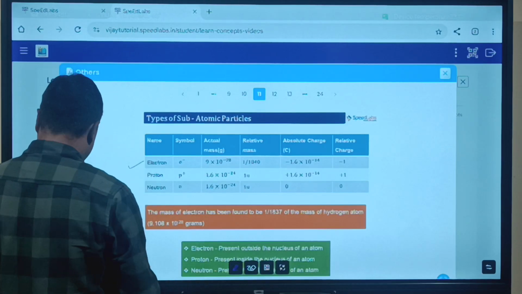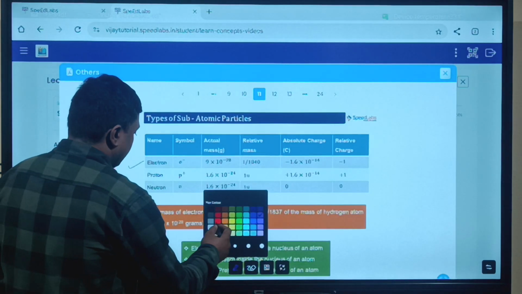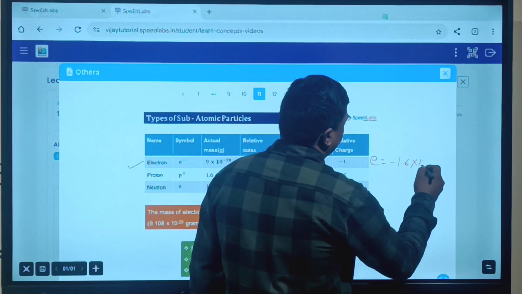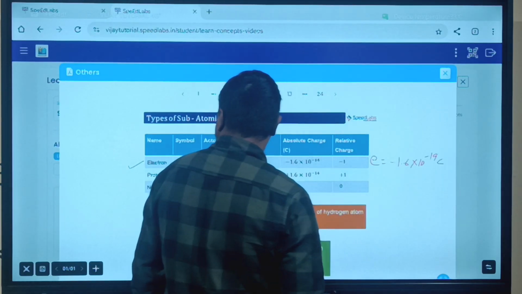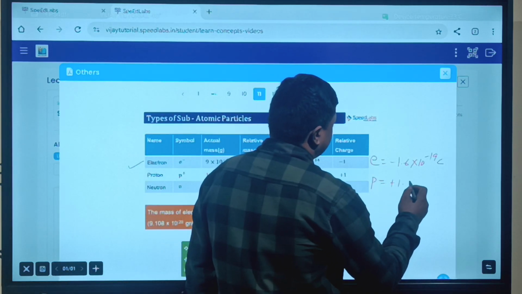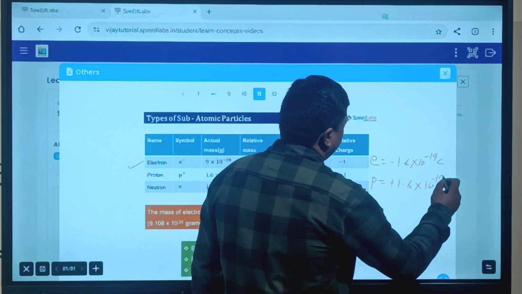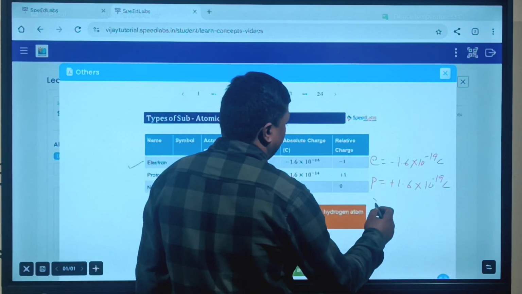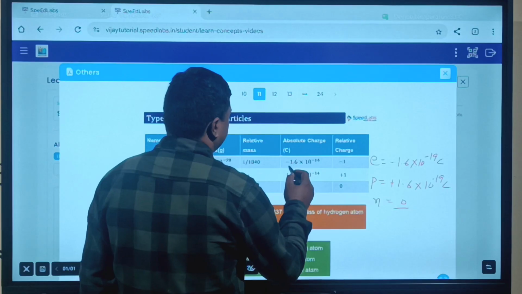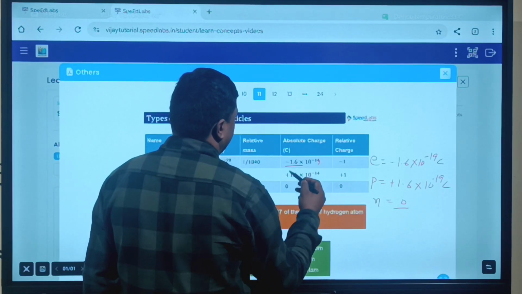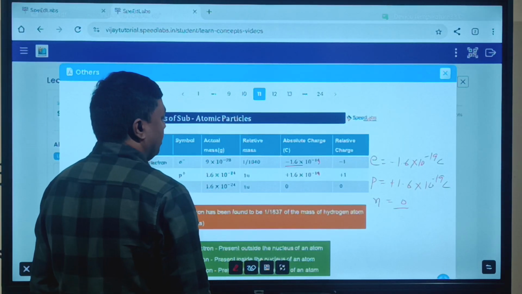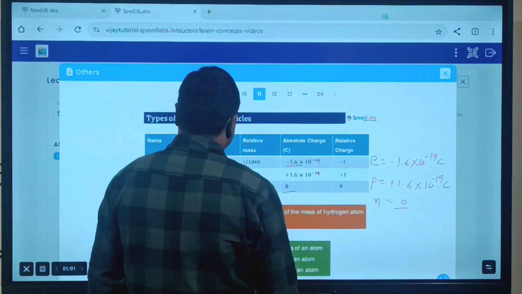The charge of an electron is minus 1.6 into 10 to the power minus 19 coulomb, whereas the charge of a proton is plus 1.6 into 10 to the power minus 19 coulomb. Neutron has no charge, it is a neutral particle. So electron has minus 1.6 into 10 to the power minus 19, proton has plus 1.6 into 10 to the power minus 19, and neutron has zero charge.